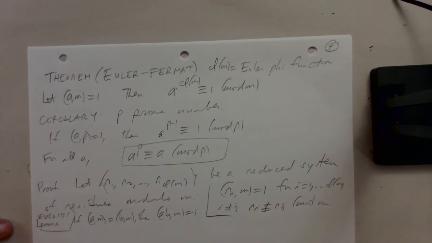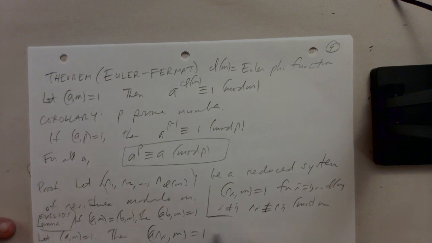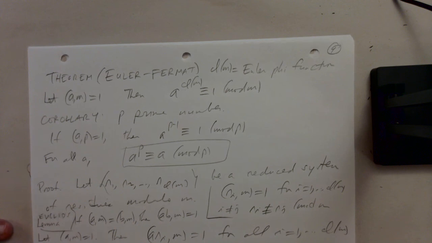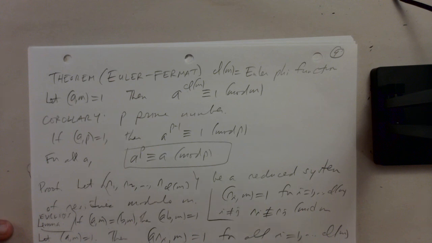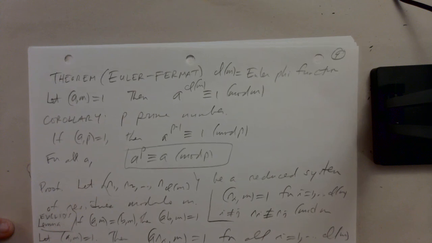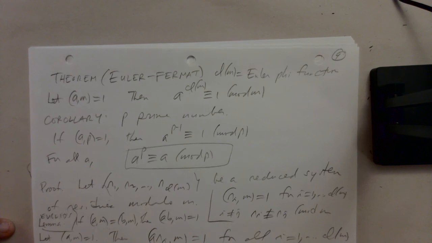So let A be relatively prime to M, then ARi is relatively prime to M for all I. And if ARi is congruent to ARj mod M, then M divides ARi minus ARj, which is A times Ri minus Rj.